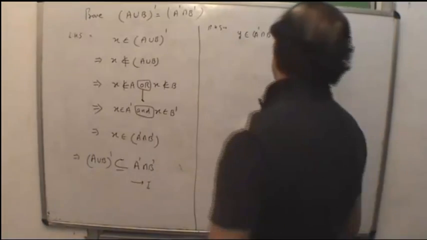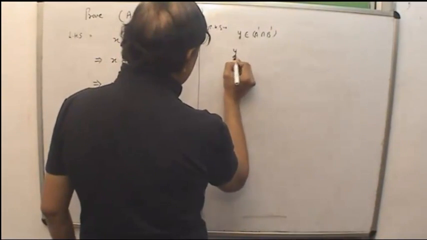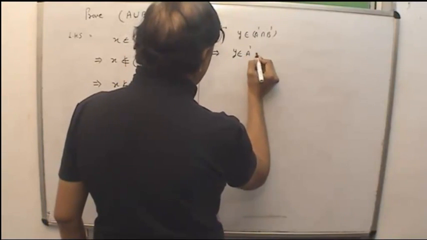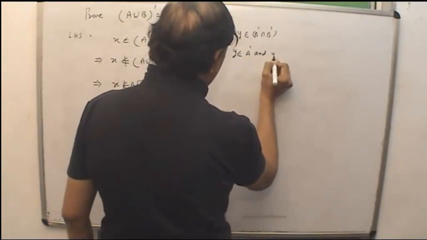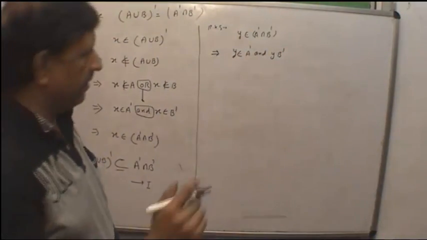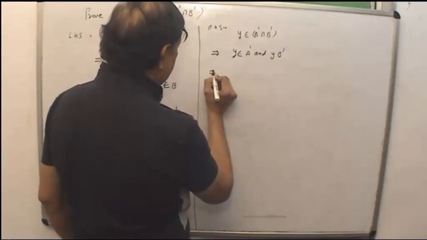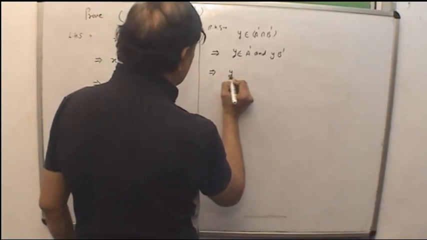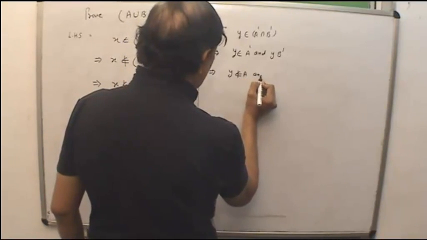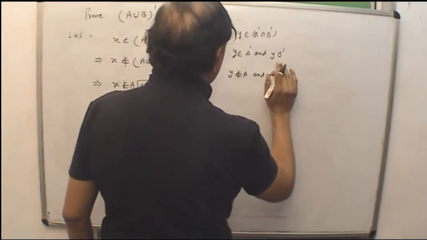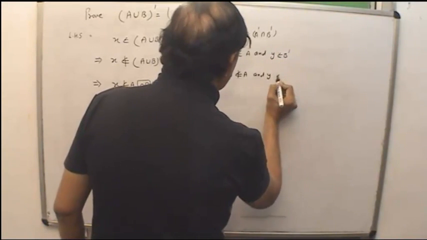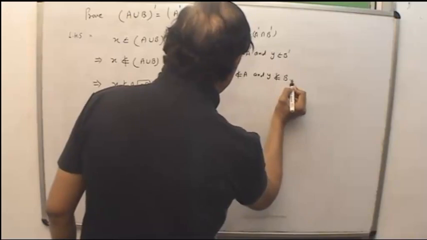This implies Y belongs to A complement and Y belongs to B complement, because intersection means and. If Y belongs to A complement, it means Y does not belong to A, and Y does not belong to B.